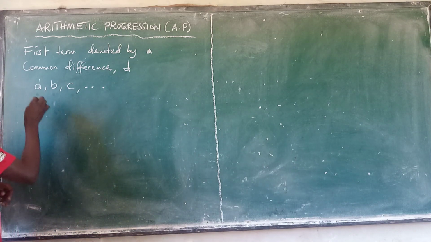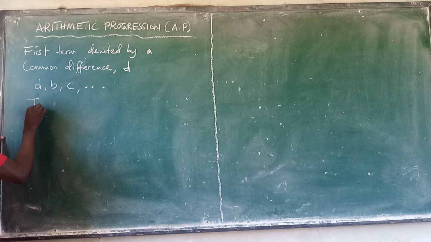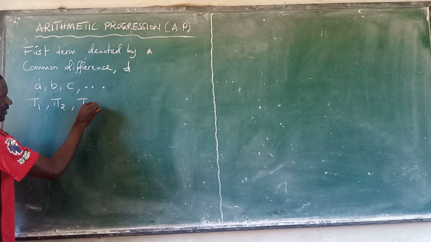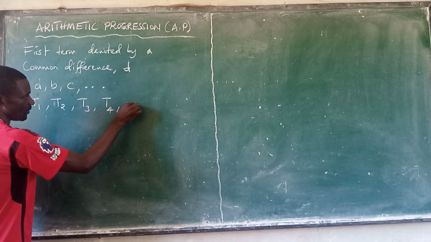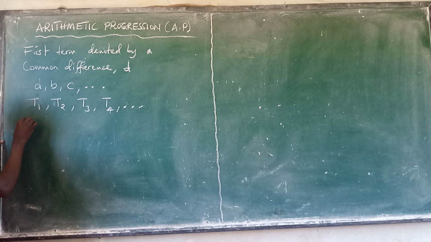So in short, we have the first term, we are saying T1, then T2, T3, T4, and it goes on like that. So if you are to get the common difference, D will be found, you can say this minus that.